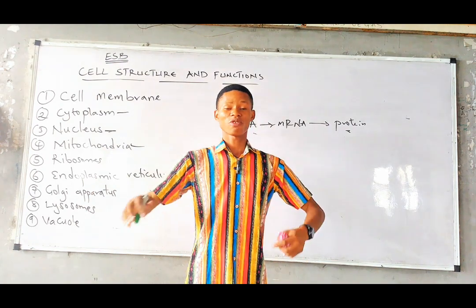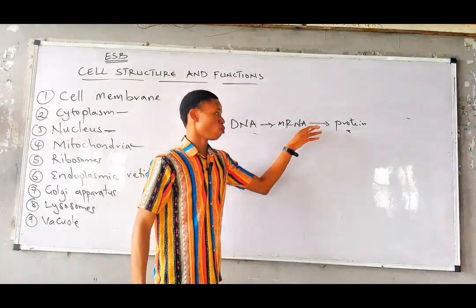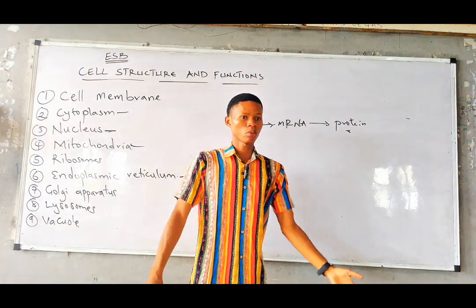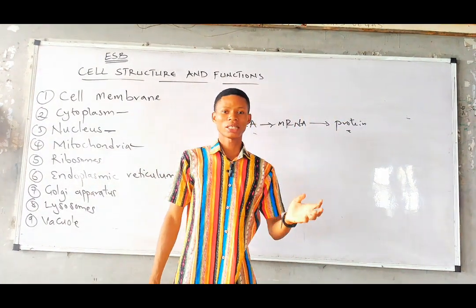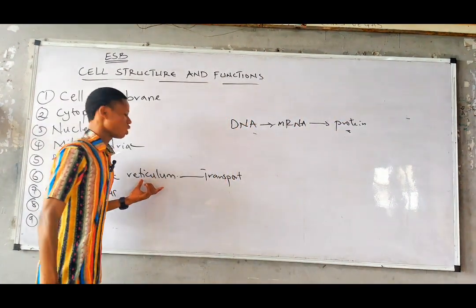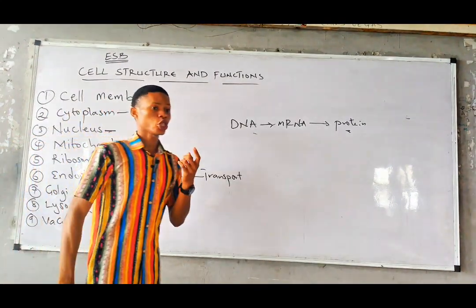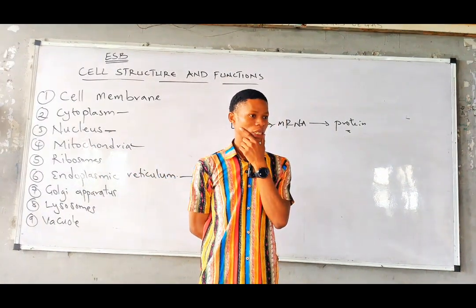It can be involved in transportation of materials. If proteins are synthesized in the ribosome, they are needed somewhere else. They will not be localized in the ribosome. So something needs to transport them to other parts of the body where they are needed. The endoplasmic reticulum is involved in the transport. Do you know that sometimes you can see some books where they say the endoplasmic reticulum is involved in protein synthesis?